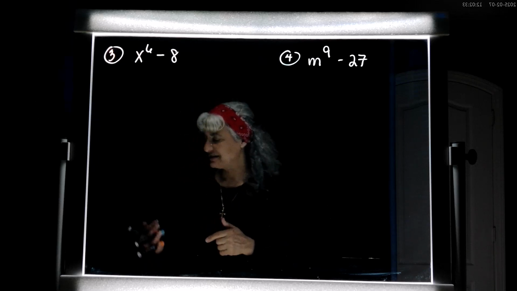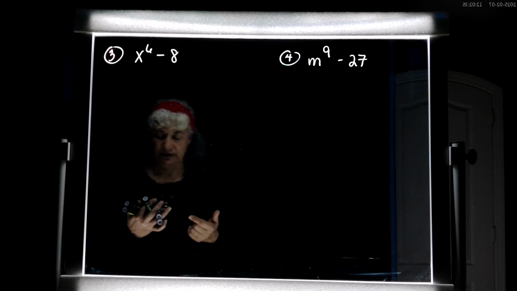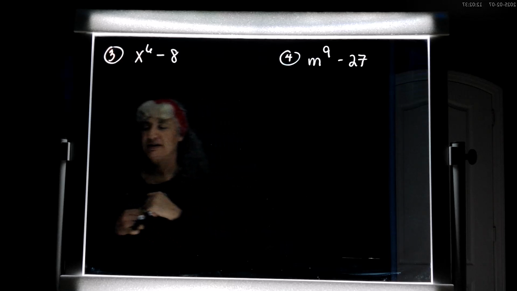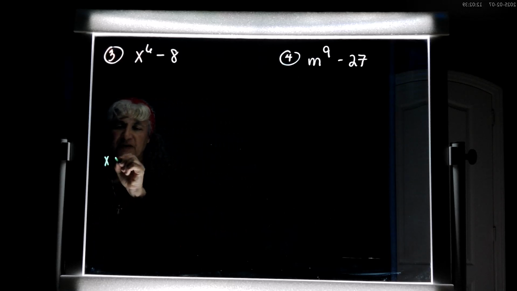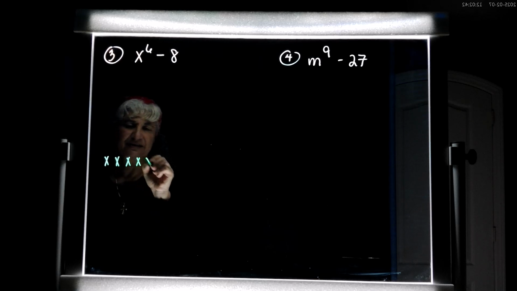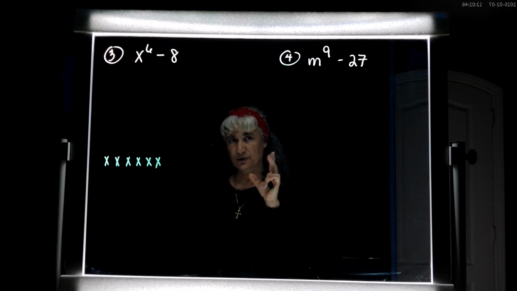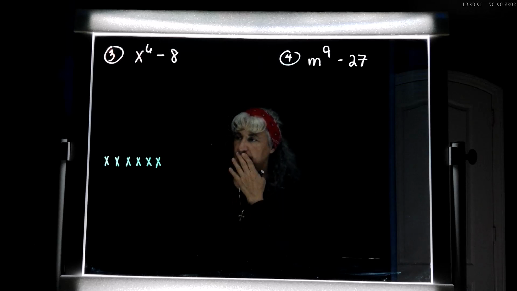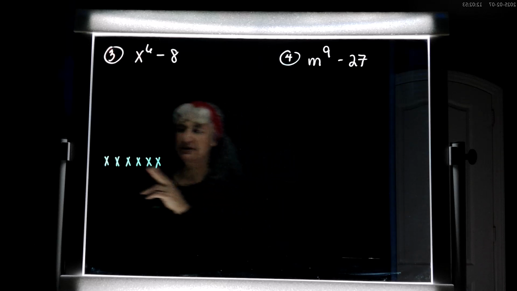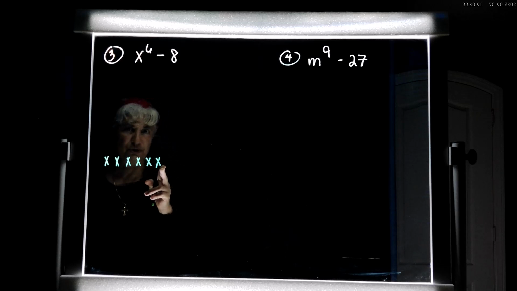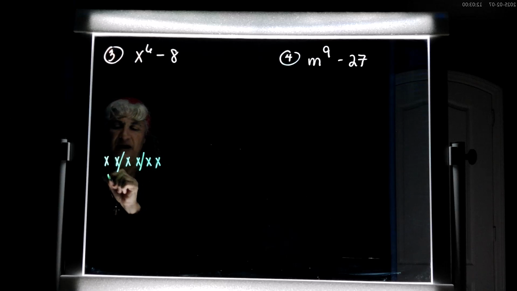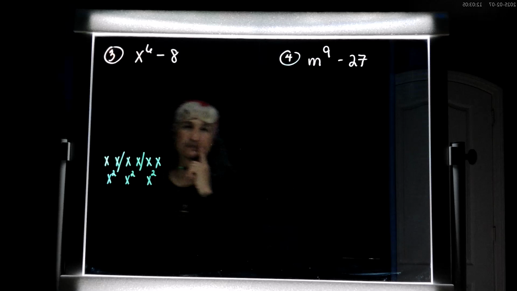So what about x to the 6th, though? Is that a perfect cube? Well, let me sidetrack a second to make sure we understand. That means there are 6 x's, right? And if it's going to be a perfect cube, that means groups of 3, yes? So if I split this into 3 equal groups, because I'm thinking it's a cube, I'm going to have x squared times x squared times x squared.